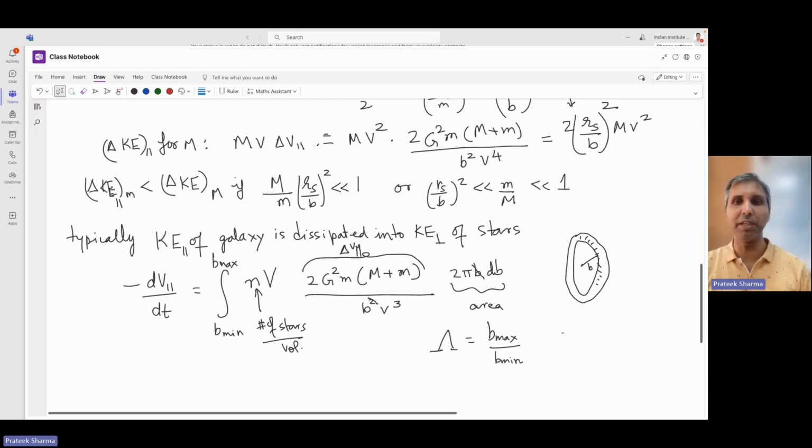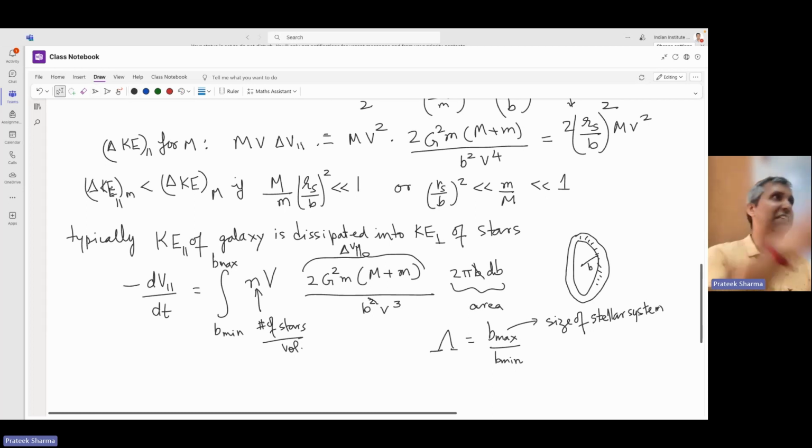B max should be the size of the stellar system in which the projectile galaxy is running into, right? And B min should be RS, the radius below which the deflections are very strong, and this whole approximation breaks down.